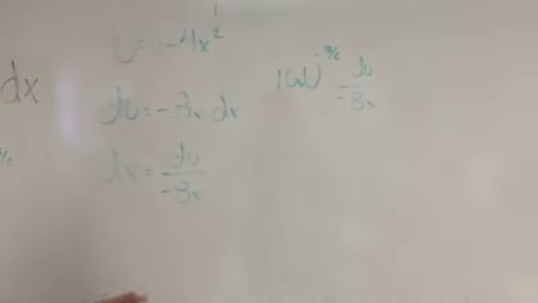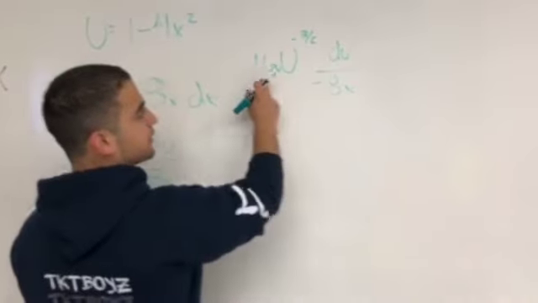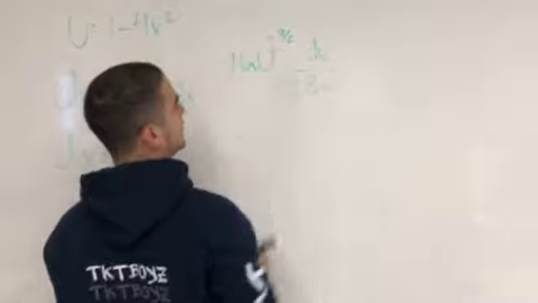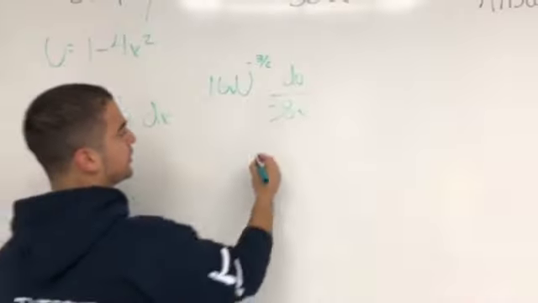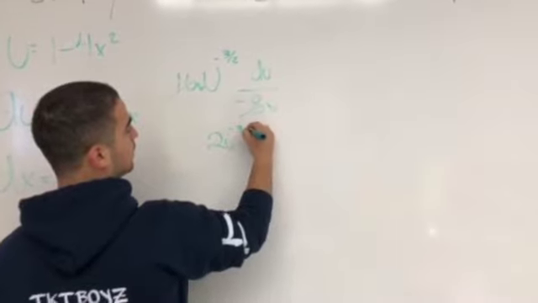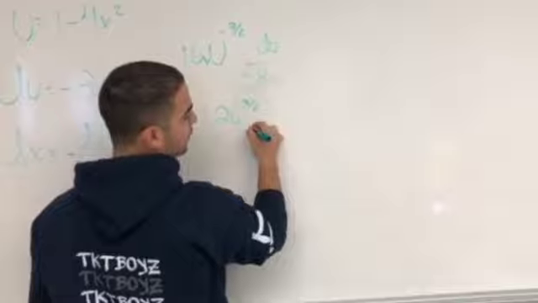And now the next step is canceling. We need to cancel the denominator with the numerator, which we can cancel by the 8x. So we're left with 2 on top and a negative 1 on the bottom.